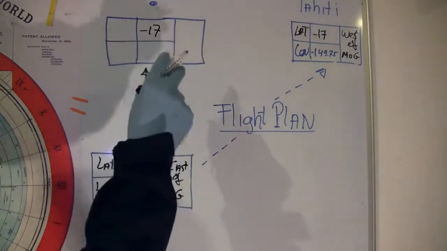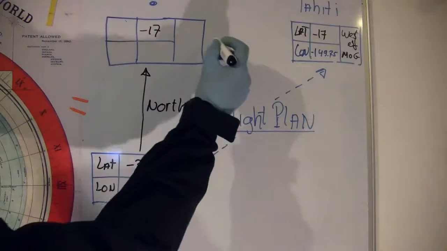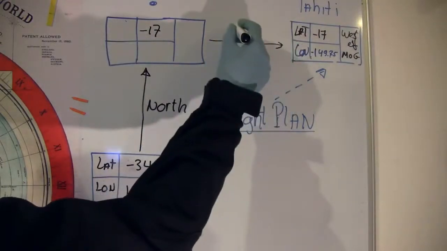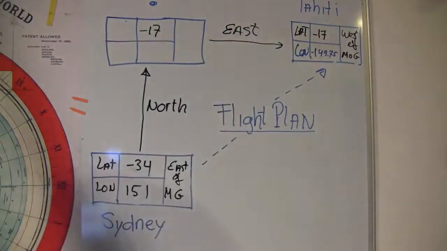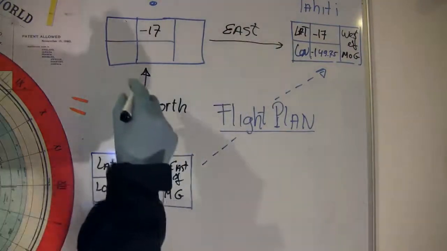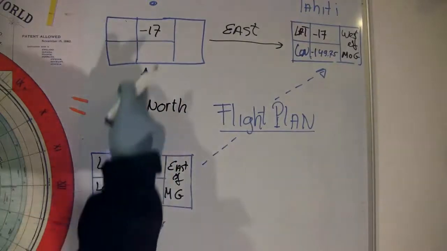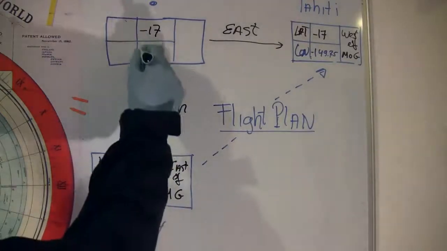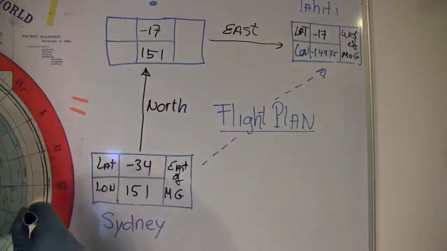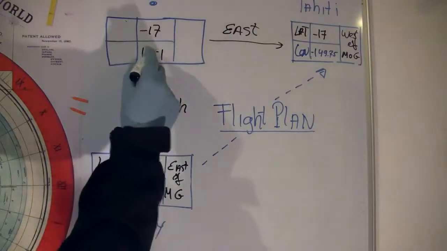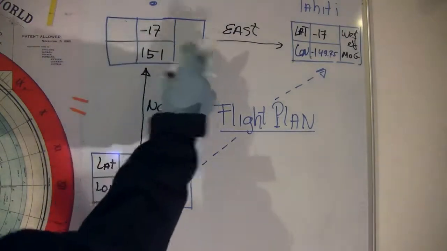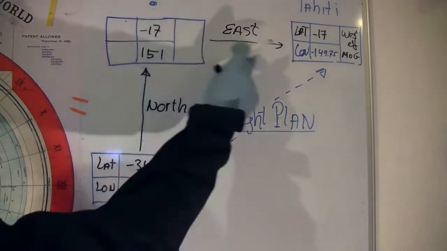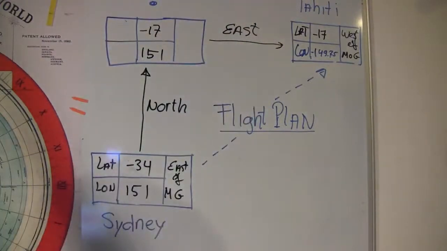That's the same latitude of Tahiti, and then we have to fly east to reach Tahiti. It means the longitude is the same, that's 151, and from this, at this moment, we have to turn right, east direction, same latitude, and we will find our way to Tahiti.